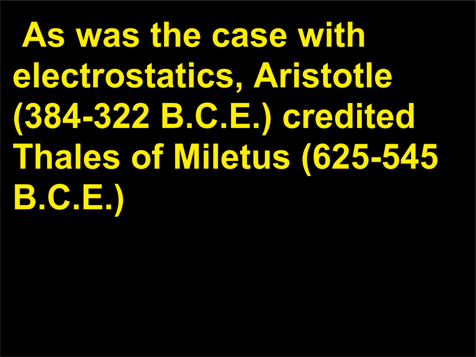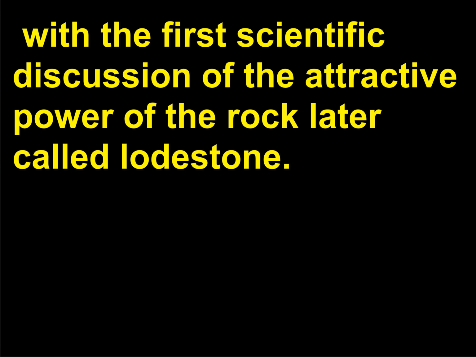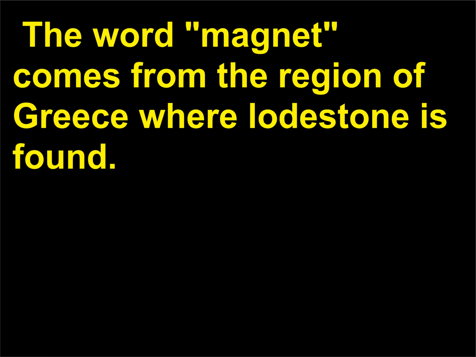As was the case with electrostatics, Aristotle, 384 to 322 BCE, credited Thales of Miletus, 625 to 545 BCE, with the first scientific discussion of the attractive power of the rock later called lodestone. The word magnet comes from the region of Greece where lodestone is found.